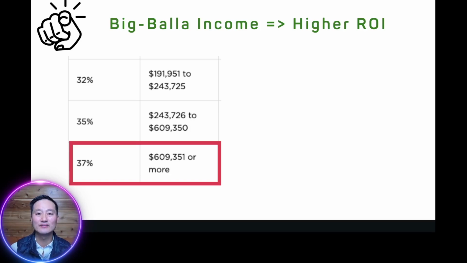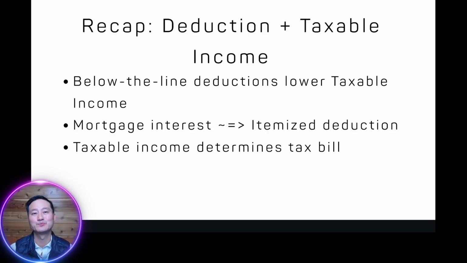That's a 37% return just for knowing how to use the tax code. So the higher your income, the more valuable it becomes to know the rules and apply smart tax strategies. That's how you keep more of your money in your pocket and less to Uncle Sam.